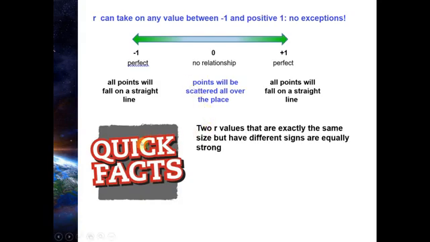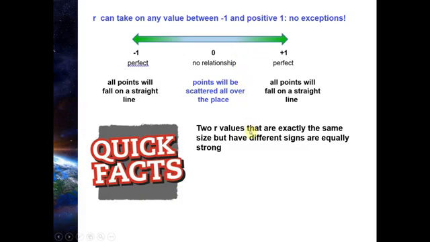Now, as for quick facts, what if you have two R values that are exactly the same size, all right, but they have different signs? So let's say we have 0.25 here and -0.25 over on this side. What can you tell me about those two R values?